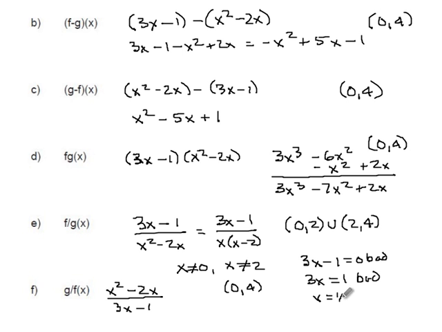Therefore, if x is 1/3, that is bad. So we better take 1/3 out of our domain. You can either say x cannot be 1/3, or if you want to do this with interval notation, you'd say we can use anything from 0 up to 1/3, or you can use anything from 1/3 up to 4, but not including.